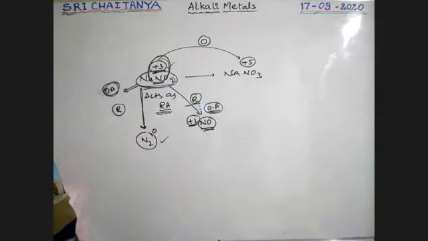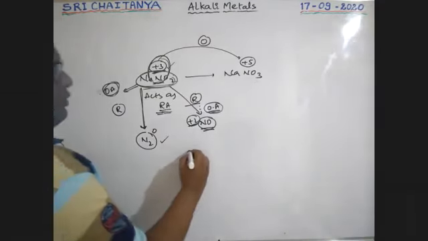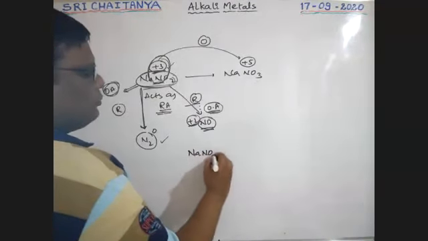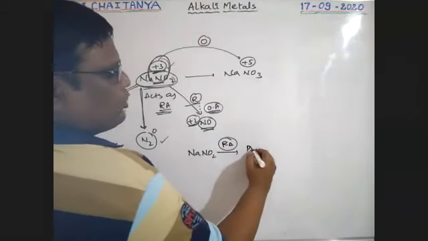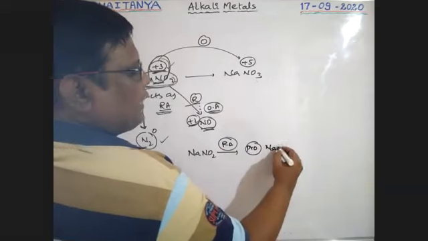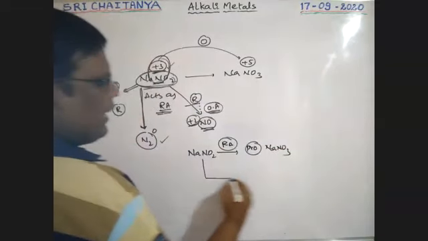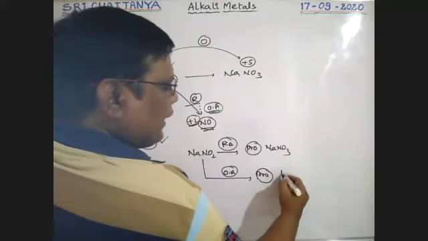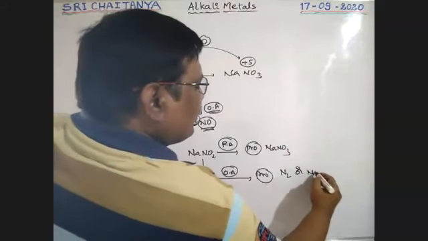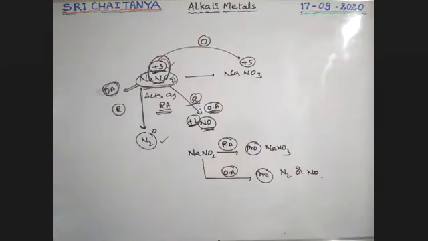So NaNO2 acts as a reducing agent when the product is NaNO3, and as an oxidizing agent when the product is either N2 or NO.